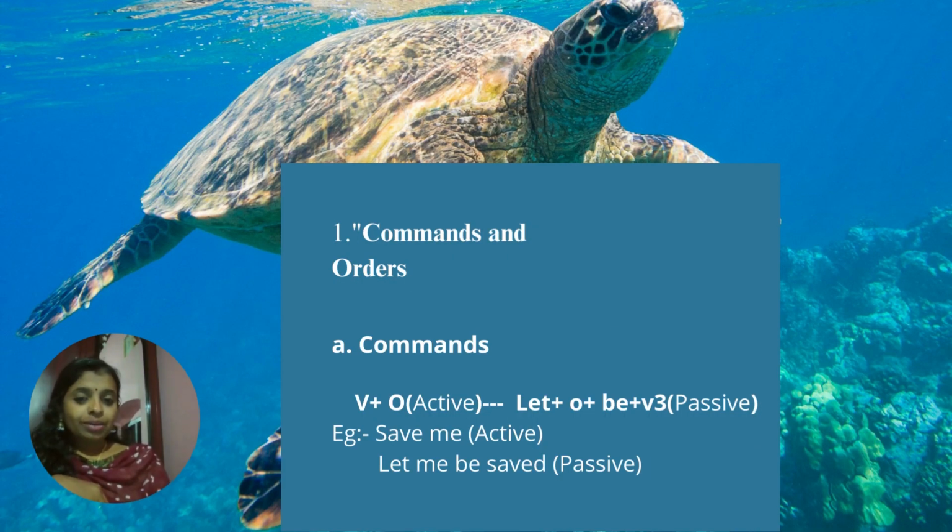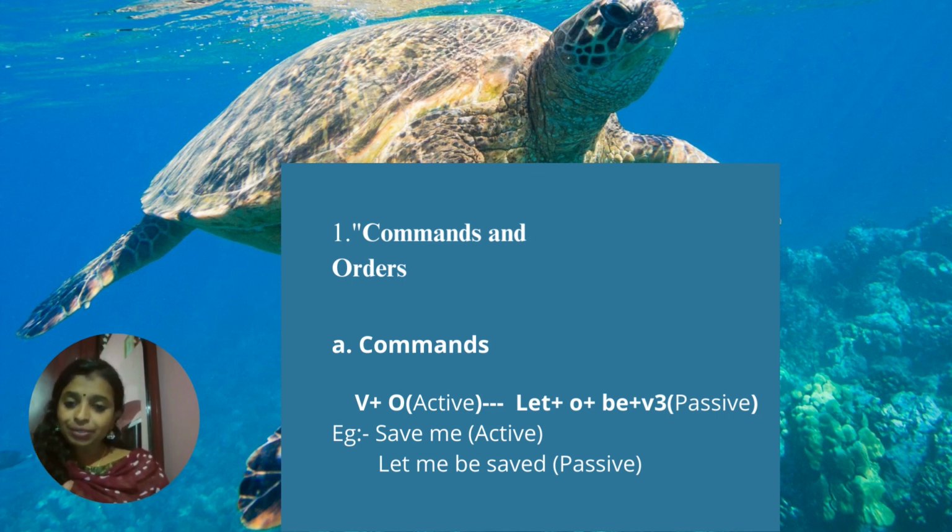Okay, now the first category is commands and orders, which falls under the imperative sentences. So, what happens to commands and orders while we are changing them to passive? Okay, normally commands and orders occur in active sentences.